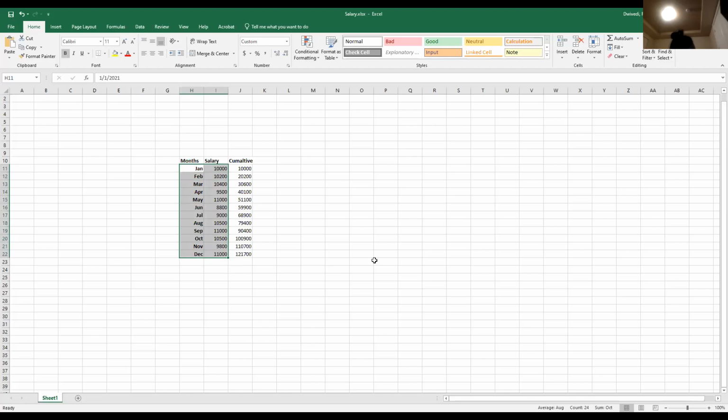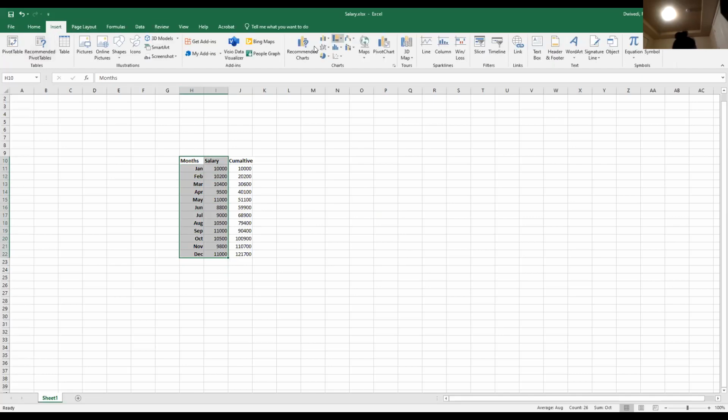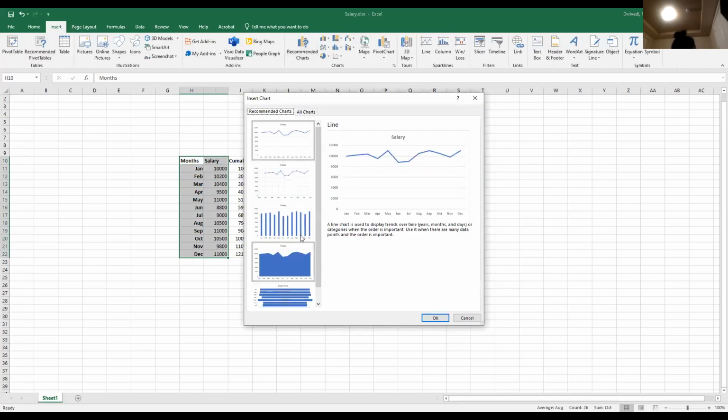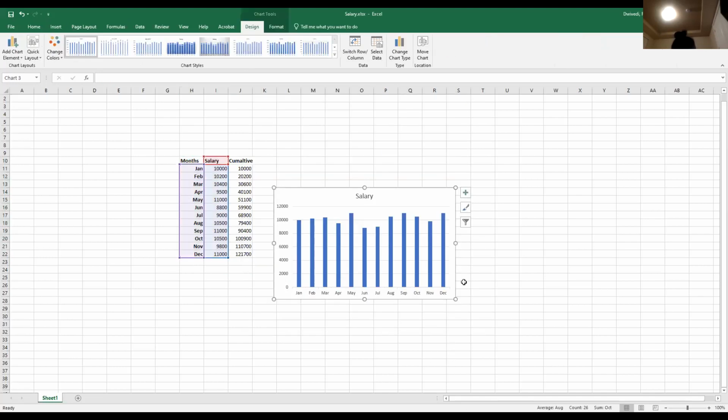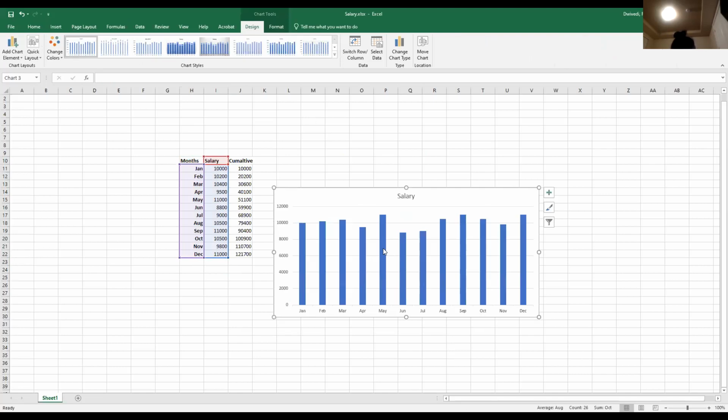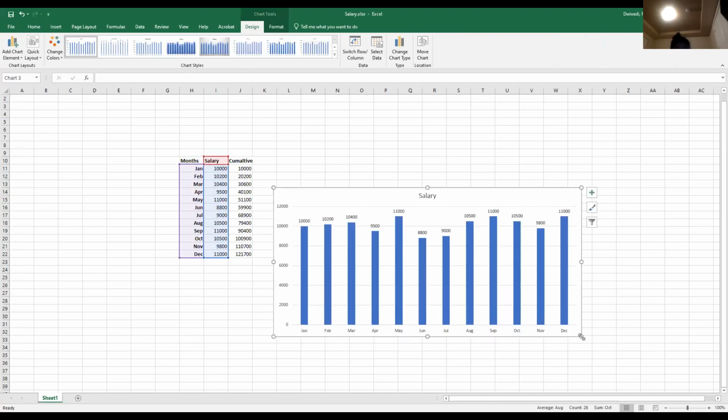Okay, this salary, if we can plot this, I have insert, and you can say this is salary distribution over 12 months. So this is a salary distribution, and this is a PDF, probability distribution, or monthly distribution.